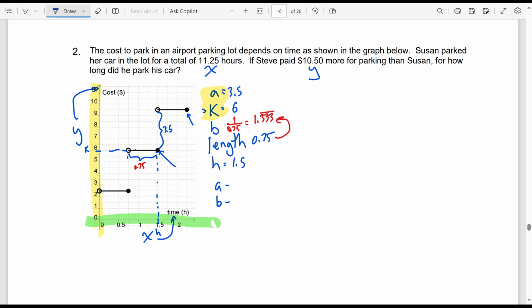So let's write out the rule. You can say f of x is equal to negative 3.5, greatest integer function bracket. Let's include our b value now as we see it, but make it negative 1.333 repeating. X minus 1.5, and then plus 6.